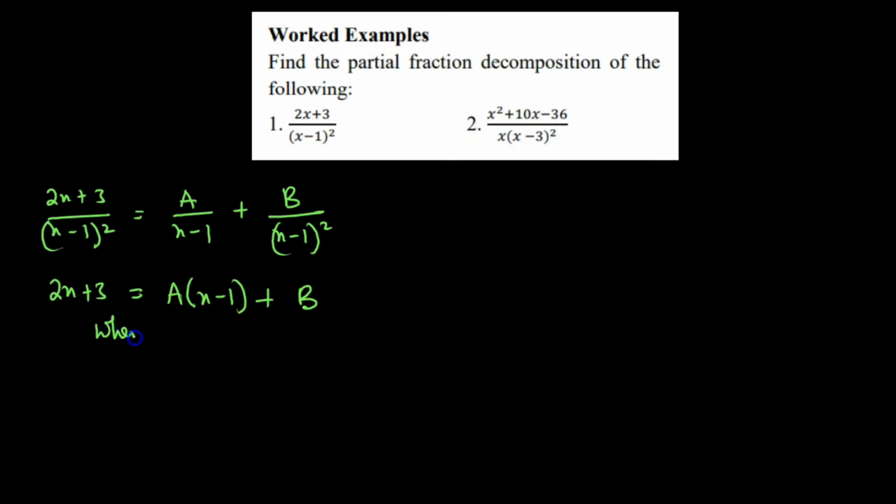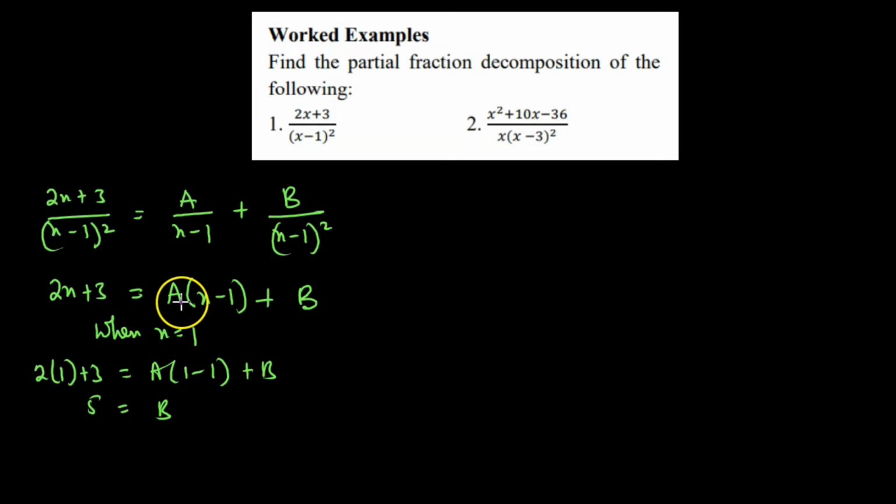So when x is equal to 1, then we have 2 times 1 plus 3 equal to a into bracket 1 minus 1, plus b. 1 minus 1 is 0, times a is 0. So we are left with b equal to 2 times 1, 2, plus 3, 5. So b is 5 straight ahead.